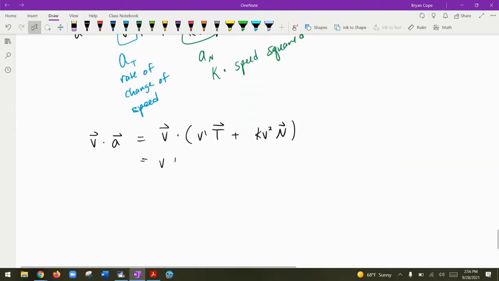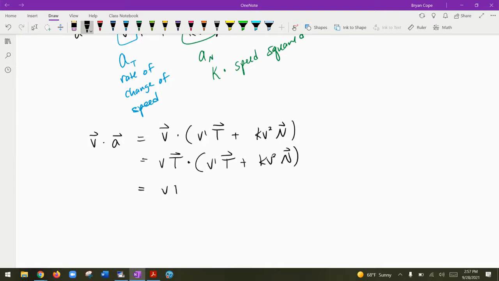So this is VT dotted with V prime T plus KV squared N. These two are scalars, those two are vectors, so we're going to distribute.